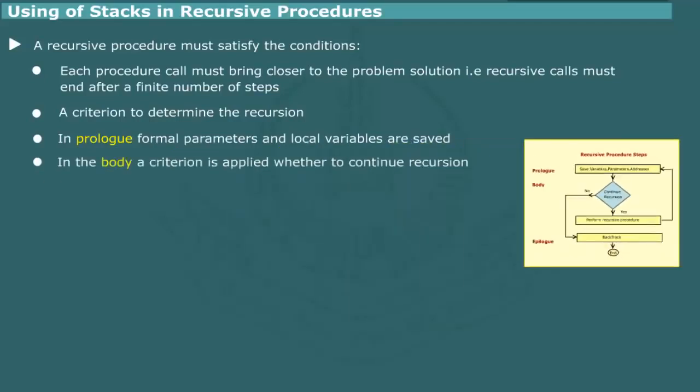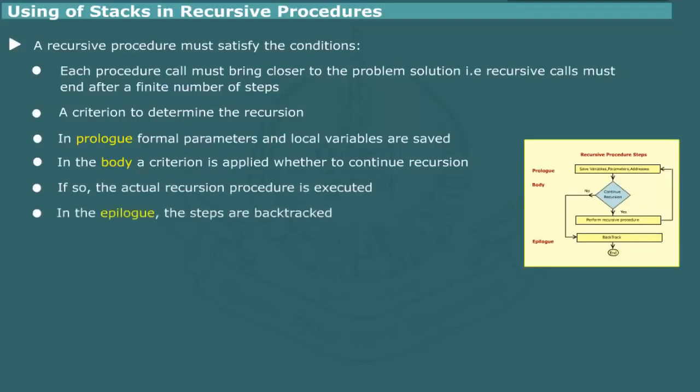A recursive procedure is generally implemented in three steps, which are known as prologue, body, and epilogue. In the prologue step, the function arguments, local variables, and return addresses are saved by pushing them onto a stack.